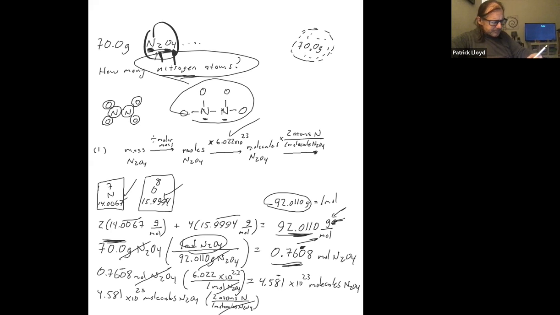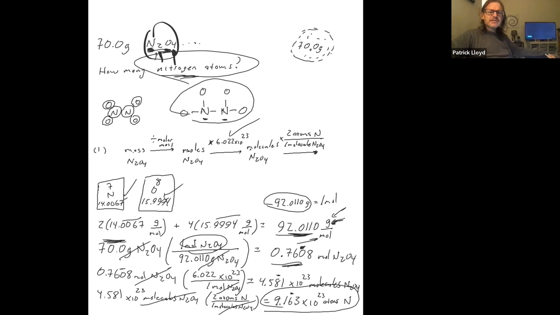Okay, I'm being really, really a stickler in doing this, but I want you to see the dimensional analysis, how that works. So mathematically, you're just multiplying by 2. And you're going to round it. 9.163 times 10 to the 23 atoms of nitrogen. There's our answer. But how many significant digits did Alex ask you to do?